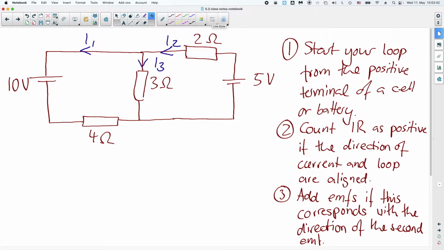As discussed previously, for your cells, you always have the long line representing the positive and the short line representing the negative. So these two would be my longer lines. What you want to do is always start your loop from the positive terminal. So for my first loop, I'm going to go around the loop in this direction here. I'll call this Roman 1.